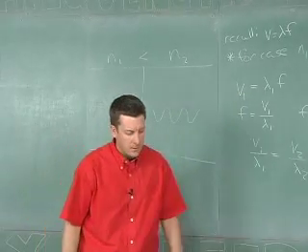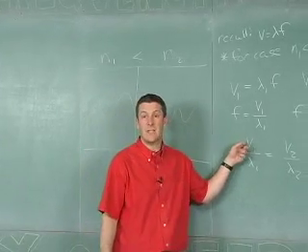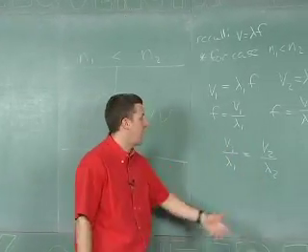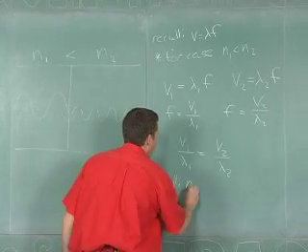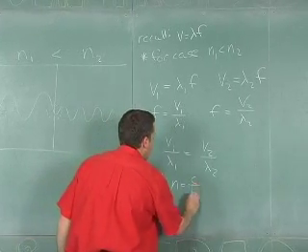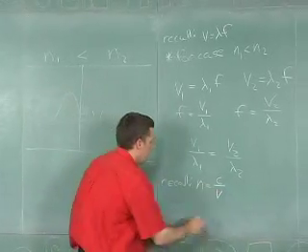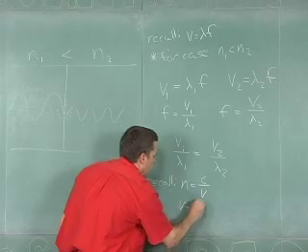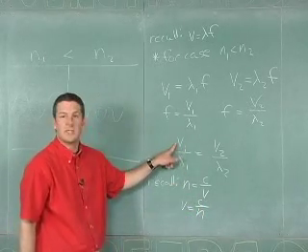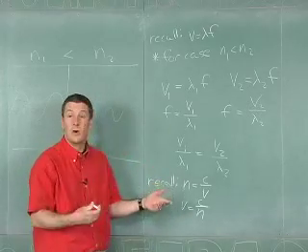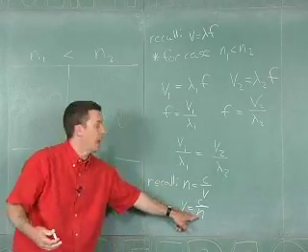Also remember that we can redefine the velocities in terms of the index of refraction. So recall that the index of refraction was equal to c over v. So if I solve for v, it would be c over n. So now I can take my velocities here and relate them to the index of refraction.